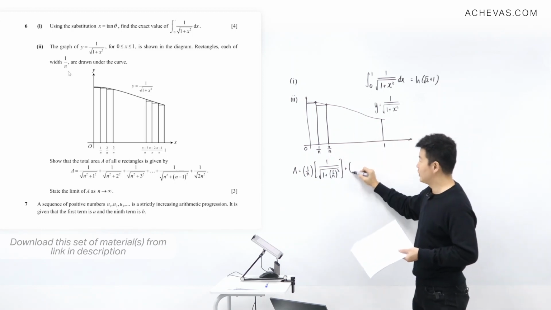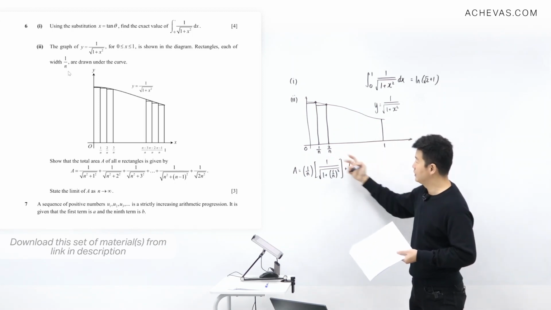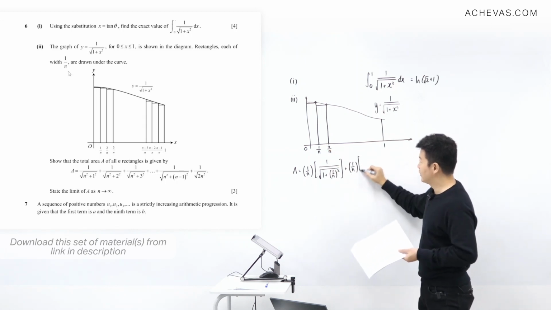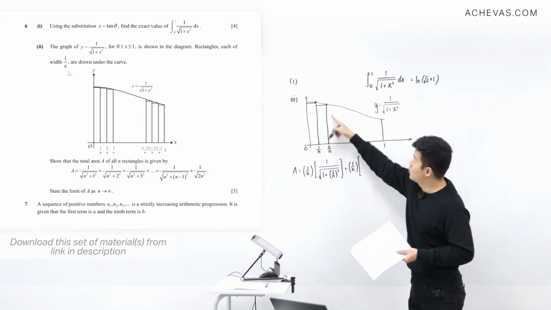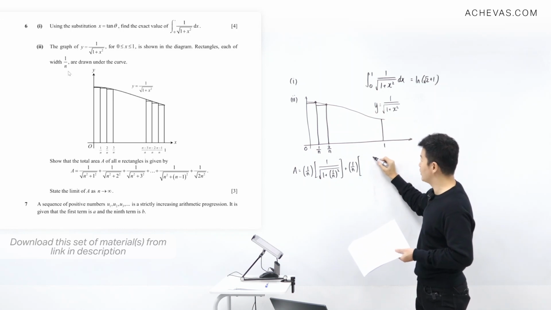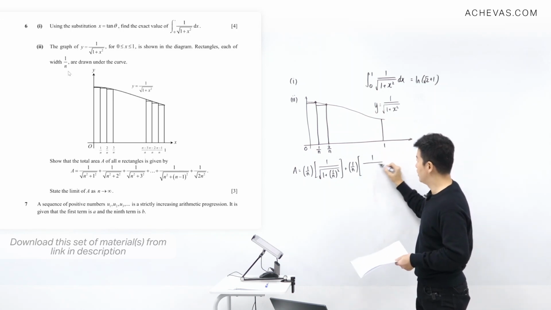So let us write down the area of the second rectangle. The width is 1 over n again. As for the height, it's going to be substituting this x coordinate into here to get the corresponding y coordinate. It is going to be 1 over square root of 1 plus x squared, so 2 over n squared.